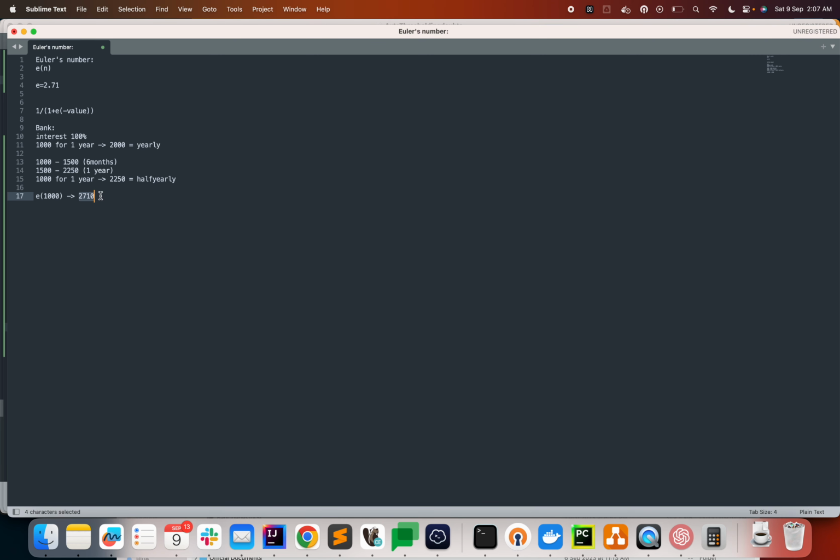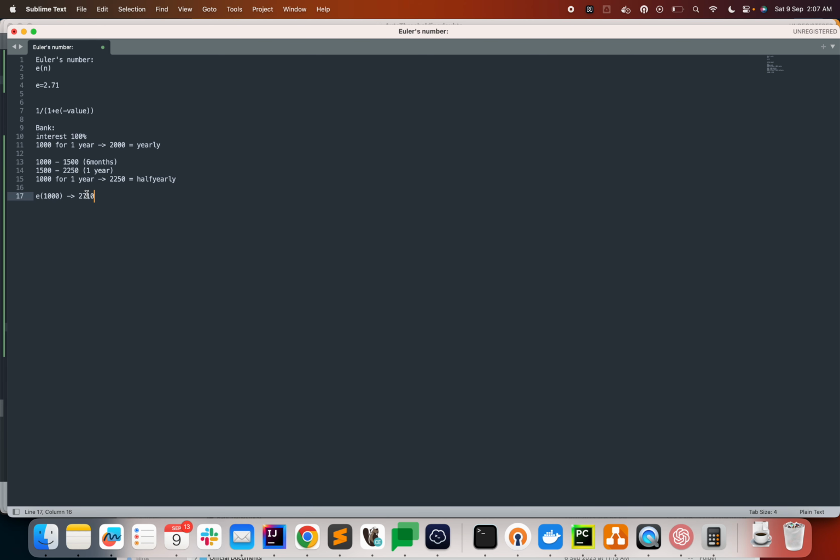This is the max amount that you will get as per Euler's formula. They are directly saying this will be the max value you can get using Euler's formula.